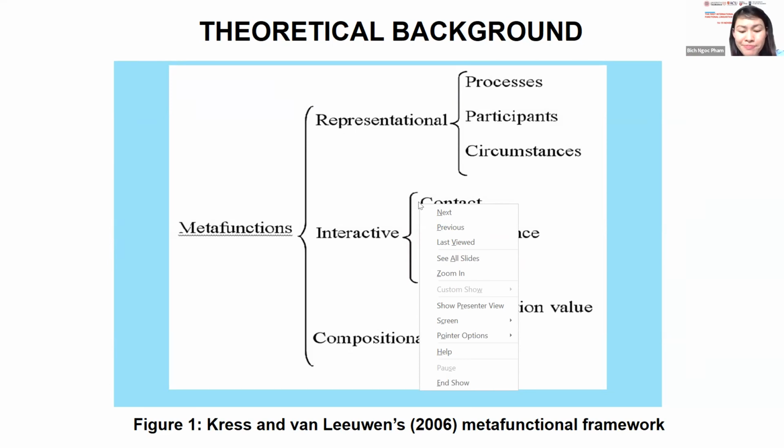These may be deduced from colors, the size of the elements, and their position in relation to the background and foreground. And framing refers to whether the elements found in pictures are put together or separated.